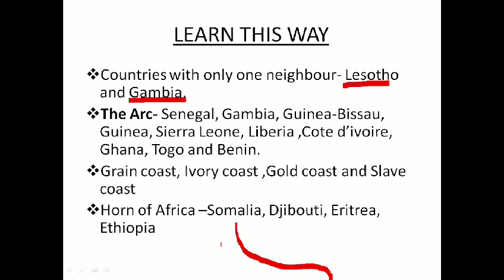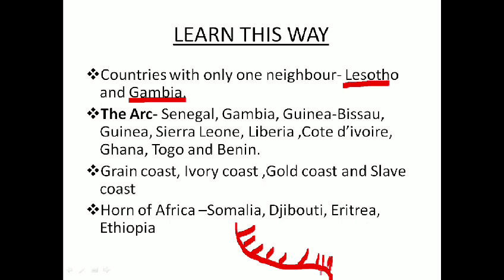This arc of countries includes Senegal, then Gambia, then Guinea-Bissau, then Guinea, then Sierra Leone, then Liberia, then Cote d'Ivoire, and then comes Ghana, Togo, and Benin.